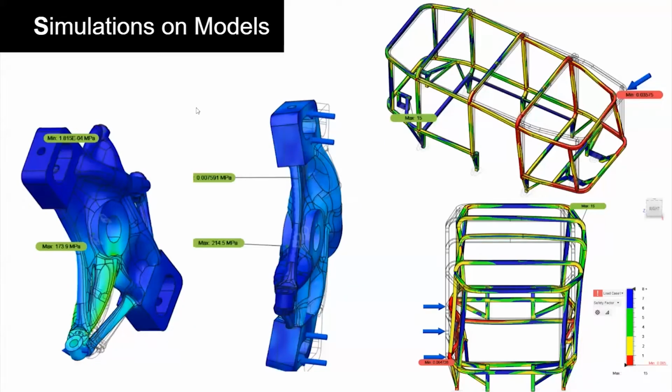And this right here is an example of what you can do with the simulation tool here, that as I told before, you can do a stress analysis. You can do dynamic analysis, like in movements.